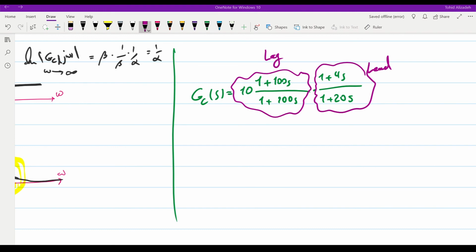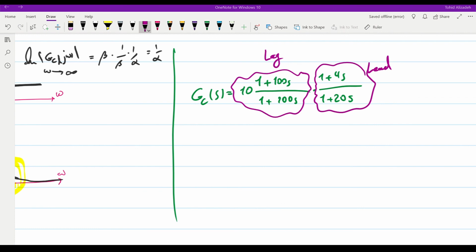So you can see that initially we start with 20 decibel. Then the amplitude goes down, it reaches 0. And then it moves up and it reaches 14 decibel. In terms of the phase, initially we have 0 degrees and then we have some negative phase, 0 and then some positive phase. So depending on the location of the pole and 0 of the two pieces of the controller, the lead and lag part, the frequency response that you would get might be different than this, but the general shape will be still similar.